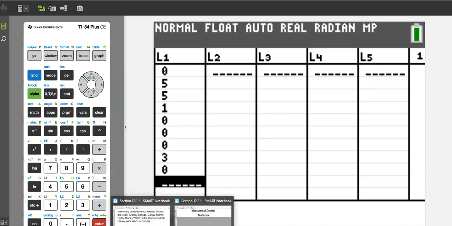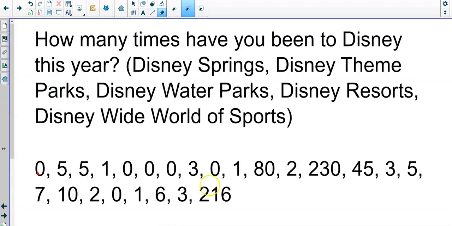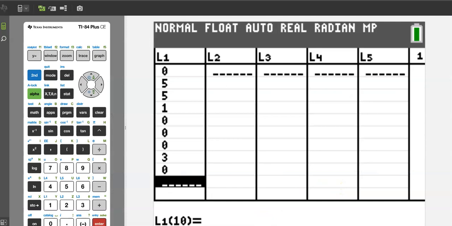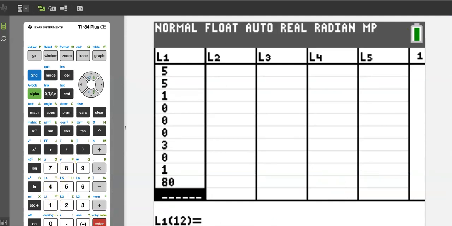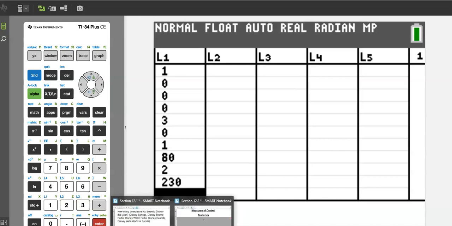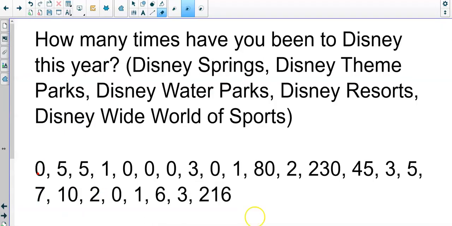Now I go back. What else do I have? So I've got a 1, an 80, a 2, a 230. A 1, an 80, a 1, an 80, a 2, and a 230. So again, that's that data that I just saw right here.